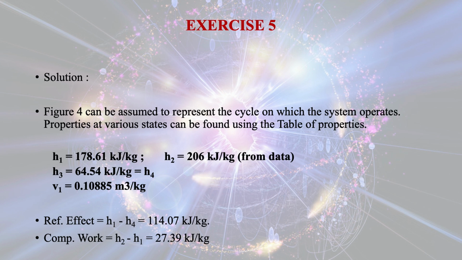V1, that is the specific volume, is equal to 0.10885 meter cube per kg. Refrigerating effect is equal to H1 minus H4. We know H1, we know H4, so the refrigerating effect is equal to 114.07 kJ per kg. The compression work is equal to H2 minus H1, which is 27.39 kJ per kg.